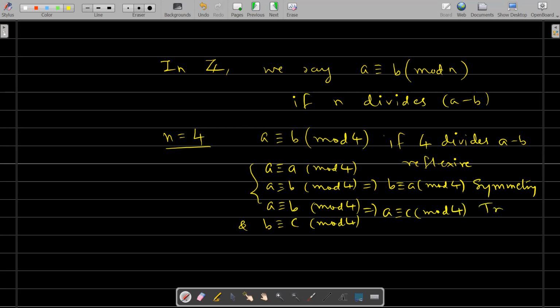That's called transitivity, or we say congruence is transitive. And once some relation satisfies three properties, reflexivity, symmetry, and transitivity, that is called an equivalence relation. So congruence is an equivalence relation. And every equivalence relation partitions the whole set into classes, equivalence classes. So even the set of integers gets partitioned into classes. So let's see what the classes are.